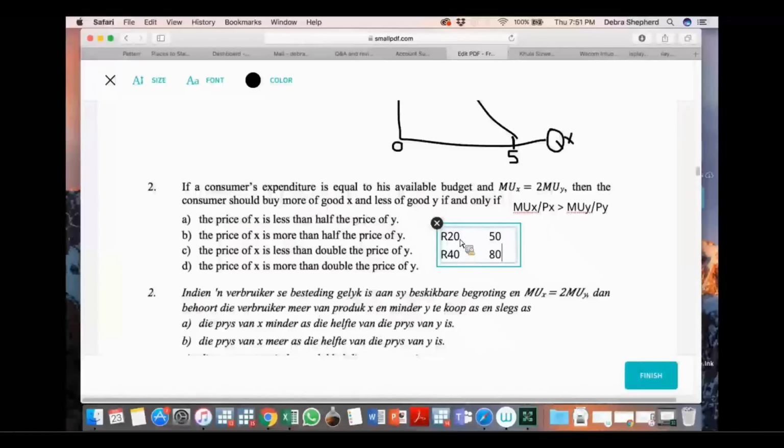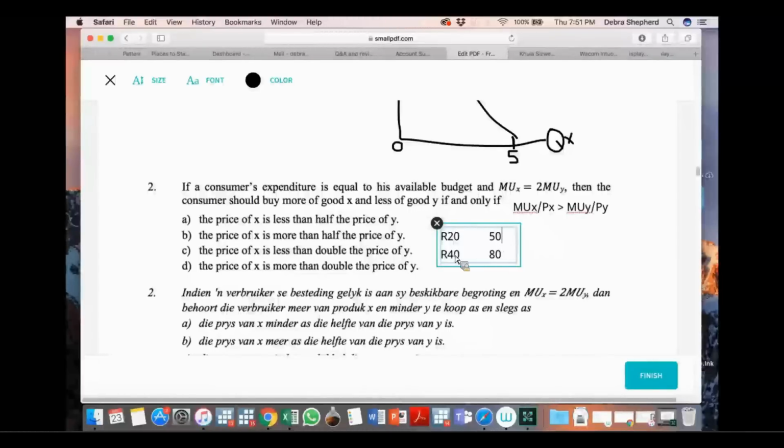What this tells me is that either you can buy the Cadbury's or the Lindt. If we just compare the prices, the Lindt is more expensive than the Cadbury. So if all we were comparing is prices, we would buy the Cadbury because it's cheaper. But if we compare the utilities, you would go for the Lindt because the Lindt gives you more utility than the Cadbury's does.